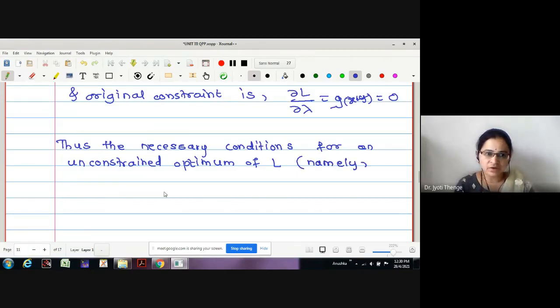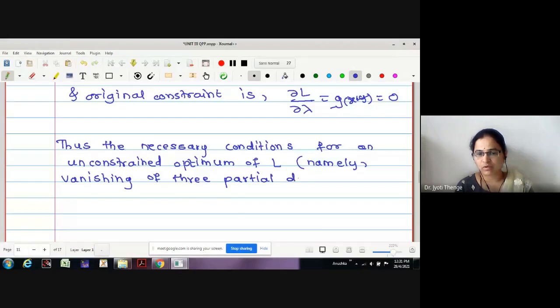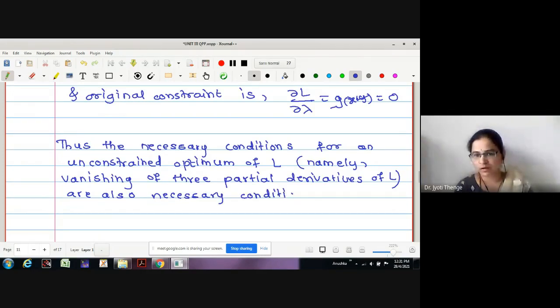Namely, vanishing of the three partial derivatives of L. Okay, these necessary conditions for the unconstrained optimum of L are also necessary conditions for a constrained optimum.